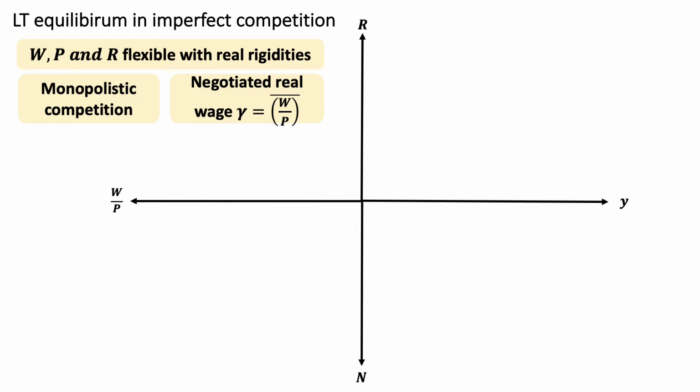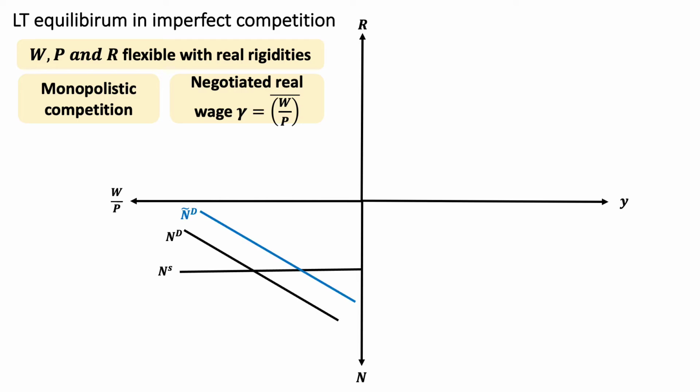And second real rigidity, the real wage negotiated by social groups is fixed. Be careful here, we do not have any nominal rigidities. W, P, and R are flexible. We only have real rigidities on the goods market and on the labor market.